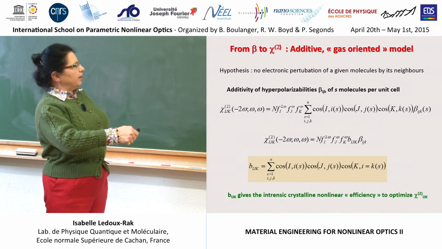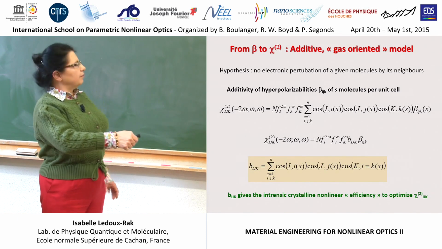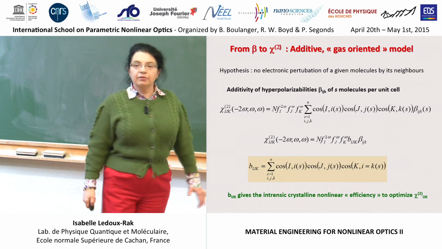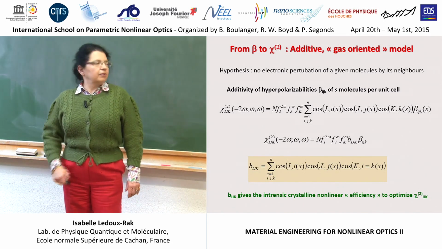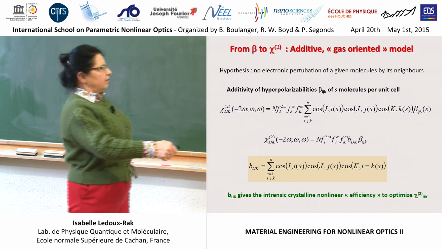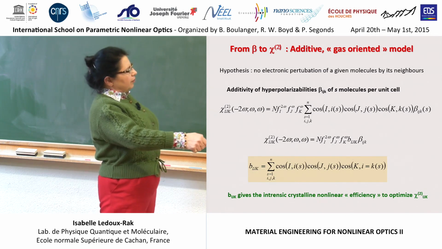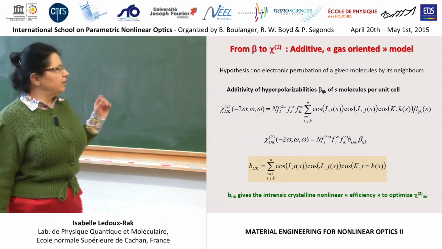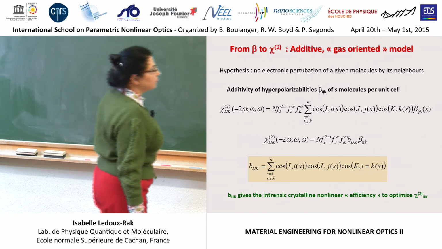The capital IJK being the axes of the crystal, the small ijk corresponding to the axes of the molecule. The calculation of this term can be more or less difficult. We shall see in the following a relatively simple example.